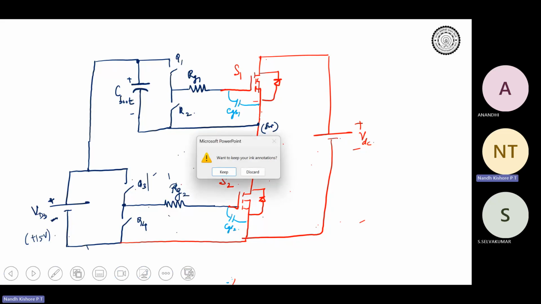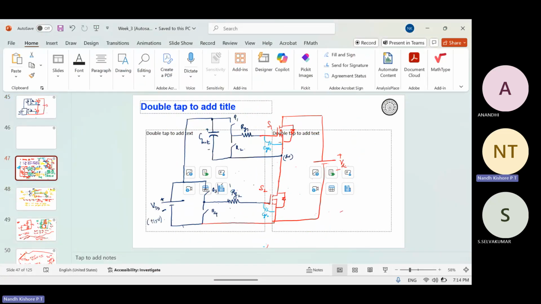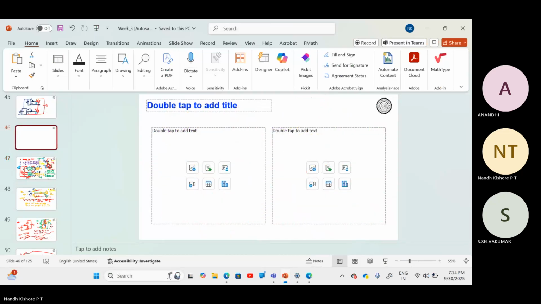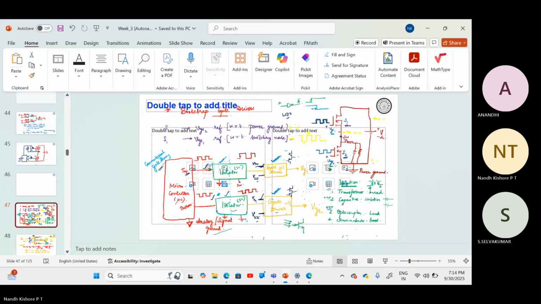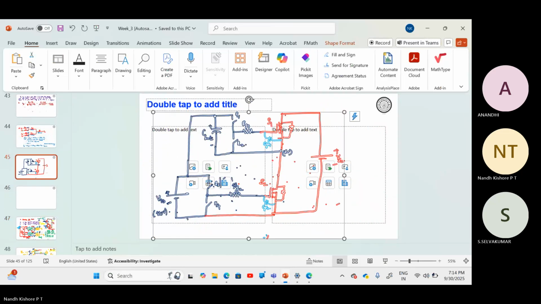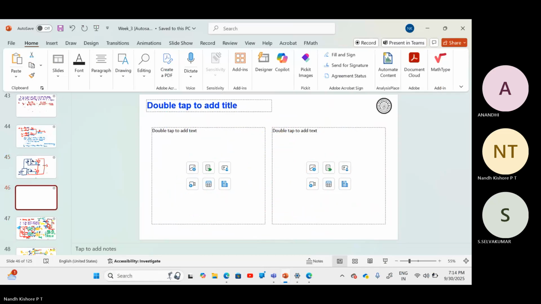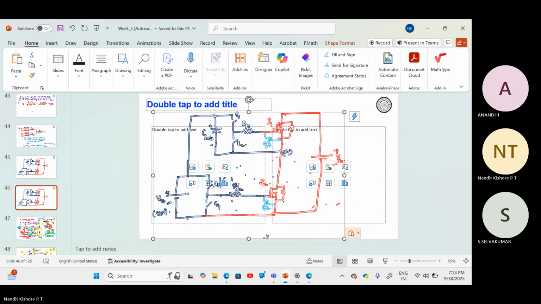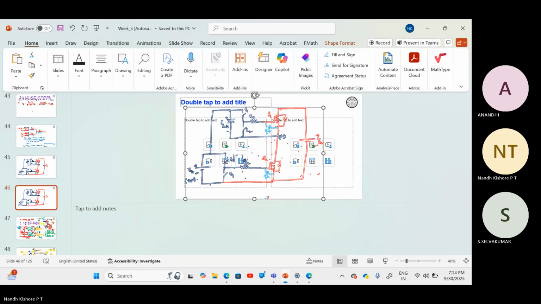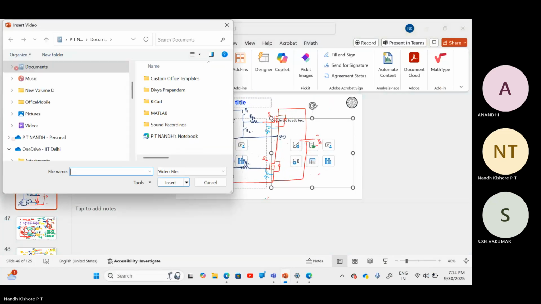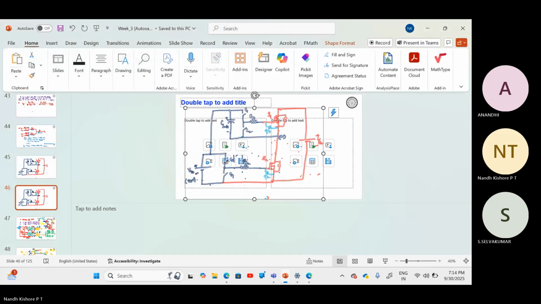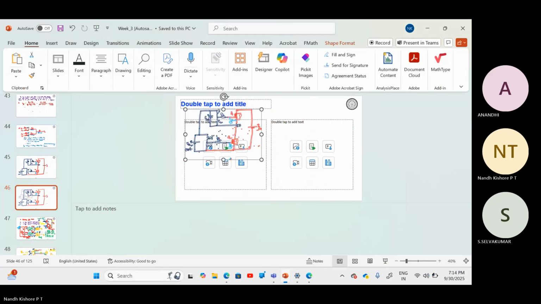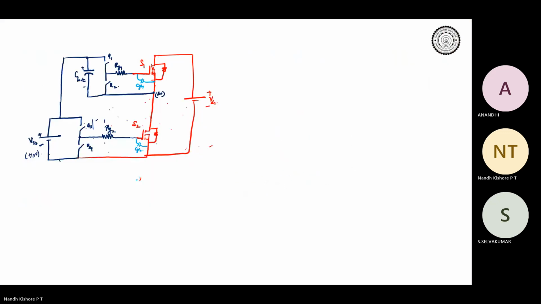Wait, let me take a new slide. So now the point is, how do we charge up C boot?